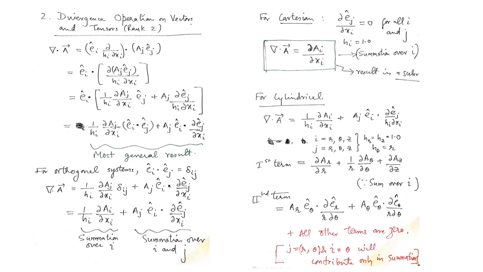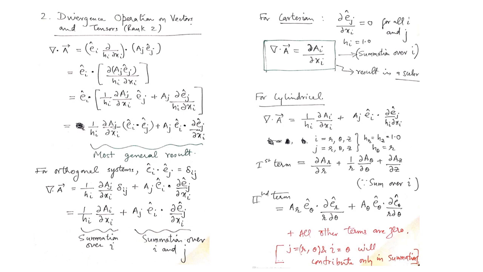So the first term, which has only i as the repeating index, will simply expand like this, sum over i, so you get this term. And the second term, as I've mentioned earlier also, the partial derivative is only with respect to theta, so we basically fix i as theta and vary the j index.